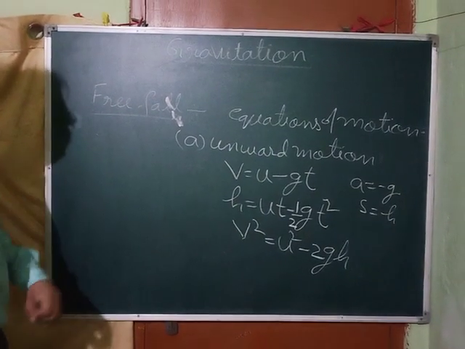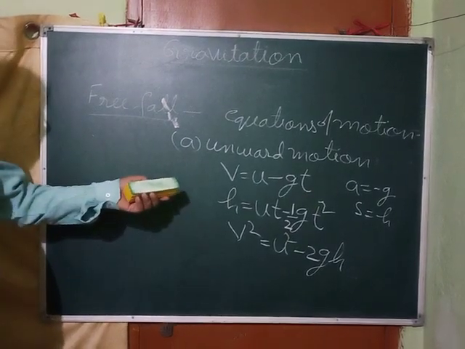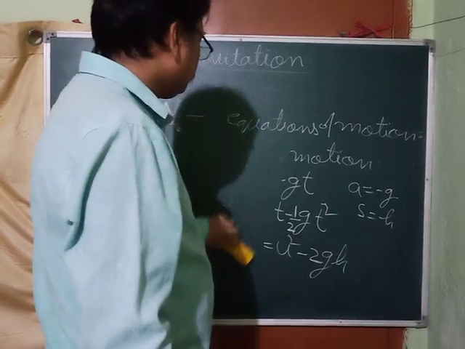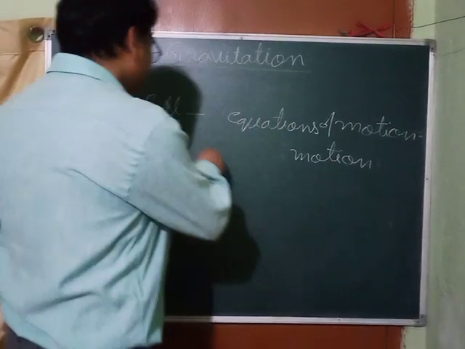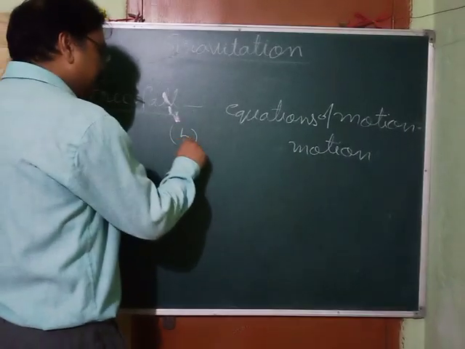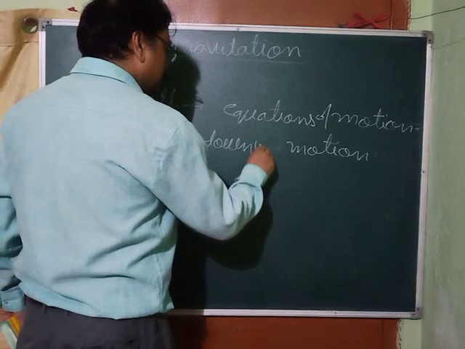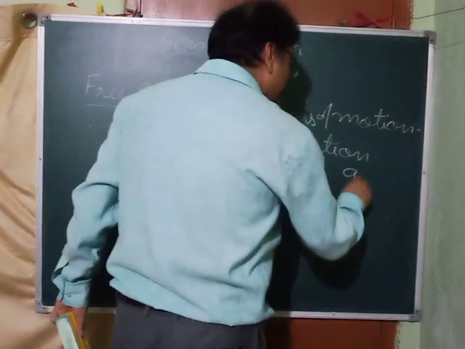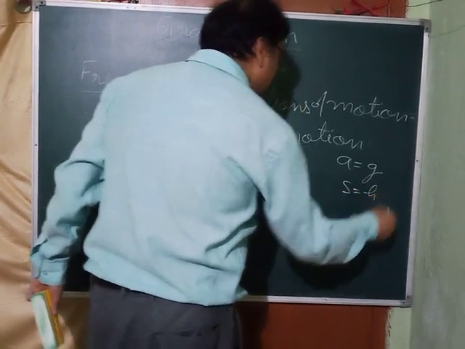Okay. Now, in case of downward motion, what will get written out of this? B part. Downward motion. See, acceleration is equal to plus g, and s is equal to h. That's what we have to take here.